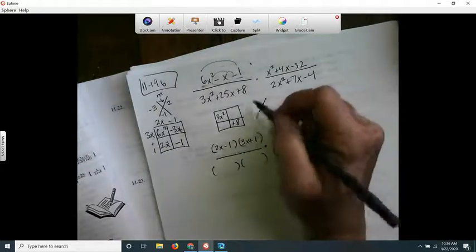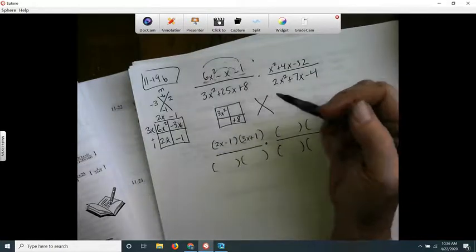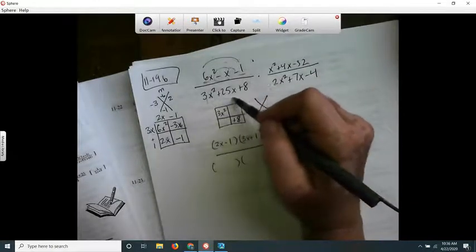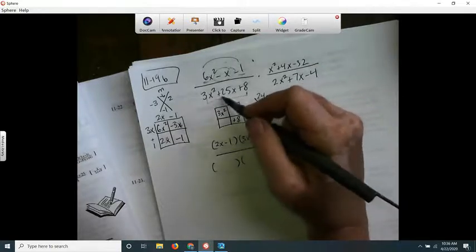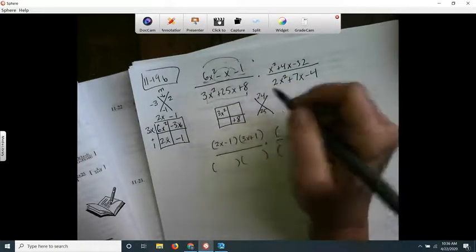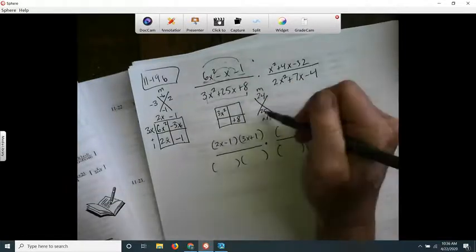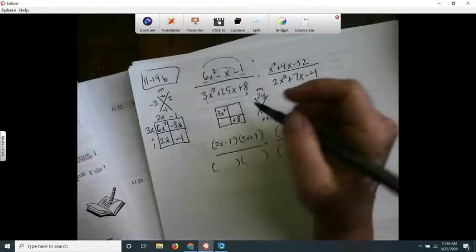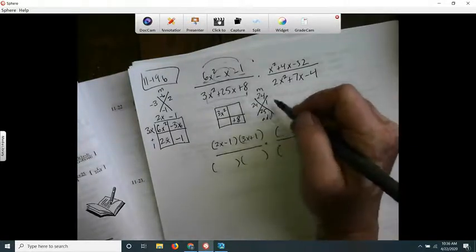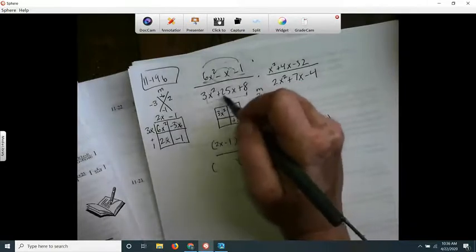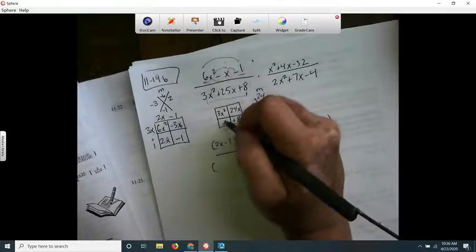Okay, so here's a diamond. 3 times 8 is 24. I need to try to think of two numbers that multiply to make 24 and add to make 25. And I think 24 times 1 makes 24. So I can split this 25x into 24x and x.